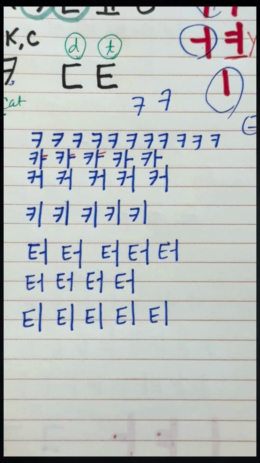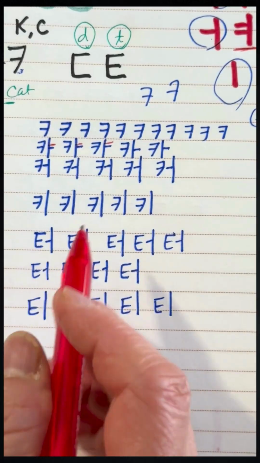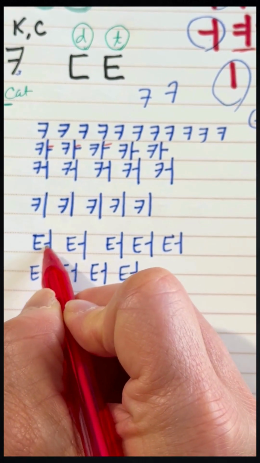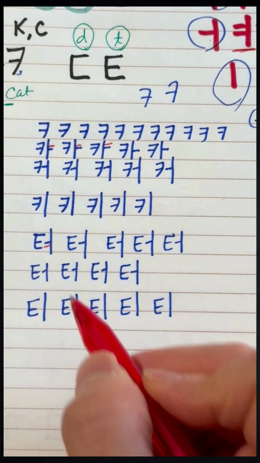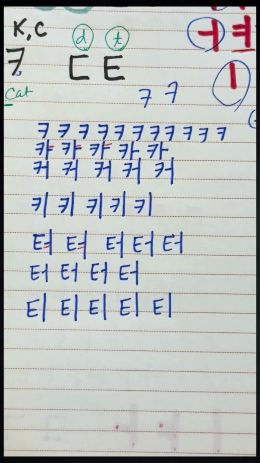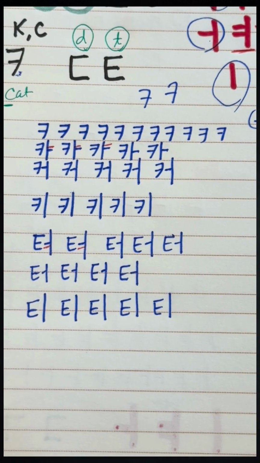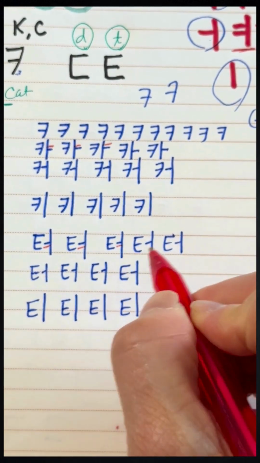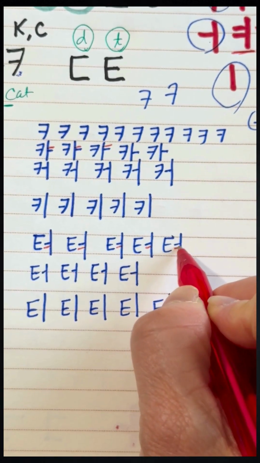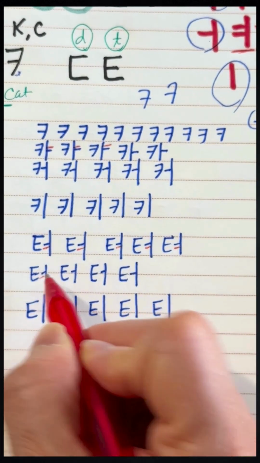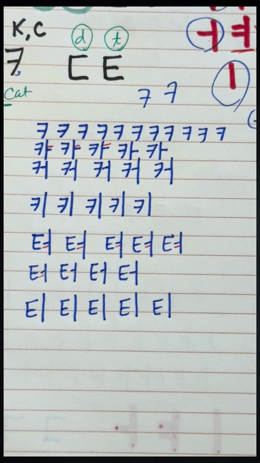Yo, right? So yo, ta. And if you want to say yo, you just add one more. Tyo. Yeah, you get it, right?